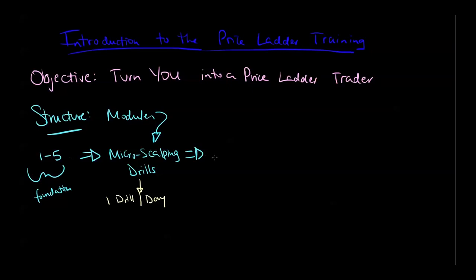Next, after we've done these micro scalping drills, what you're going to be going through is modules 6 to 7, which really is just two modules, but that's where we're going to introduce you to the Futex setups and a lot of the setups that I look at. So some of the setups are Futex based. Most of the setups I'd say that I cover on this are probably my own, because it's the way I interpret them and the way I trade them.